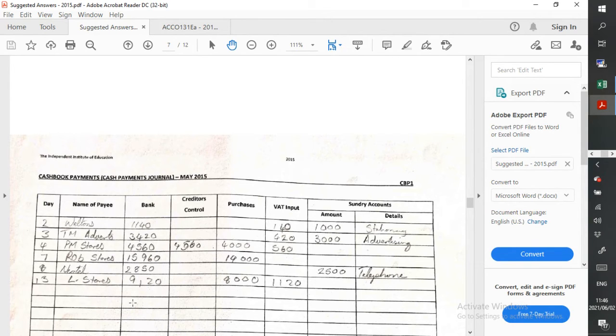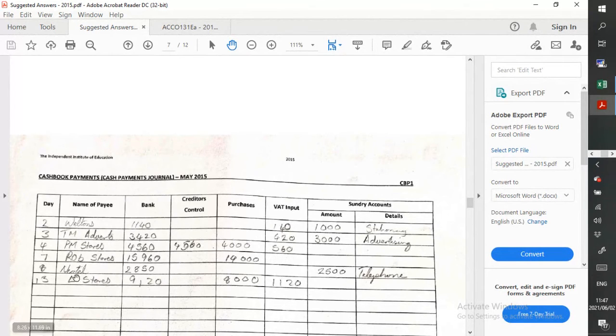So we need to actually calculate the VAT inclusive amount. Now, that's the amount that's going to go off of our bank. And if you do it on 14%, you'll get this 15,960. Then purchases, we need to plug in that 14,000, the amount exclusive of VAT. And here we were supposed to calculate input VAT. So there should have been 1,960 over here. Unfortunately, the teacher also slipped up there as well.